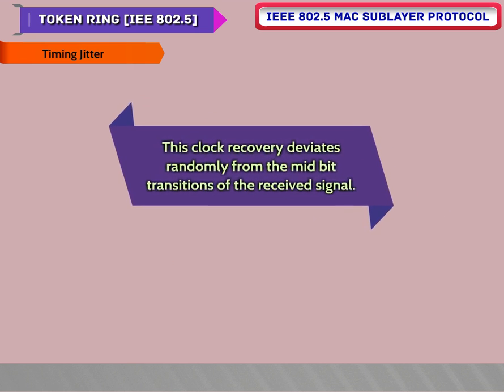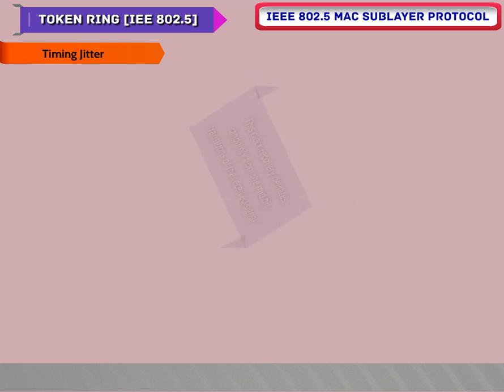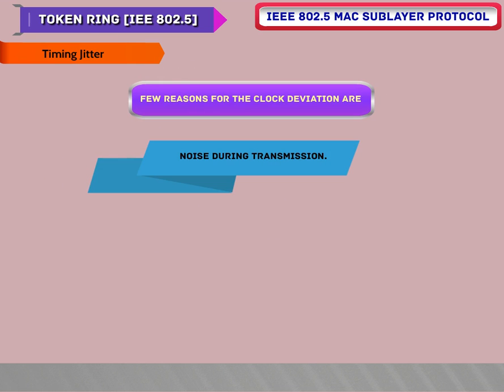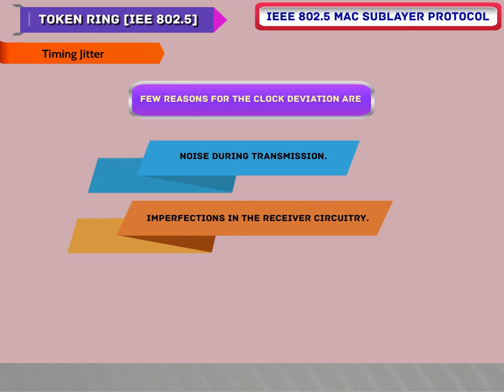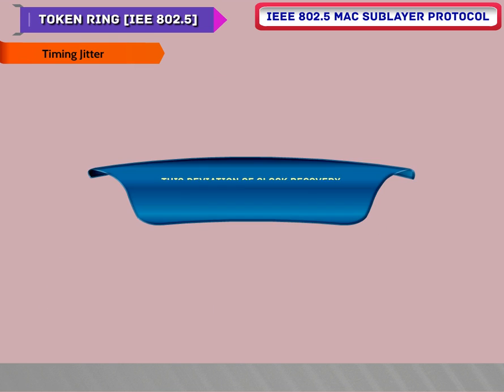This clock recovery deviates randomly from the mid-bit transitions of the received signal. Few reasons for the clock deviation are: noise during transmission, imperfections in the receiver circuitry, delay distortions. This deviation of clock recovery is known as timing jitter.